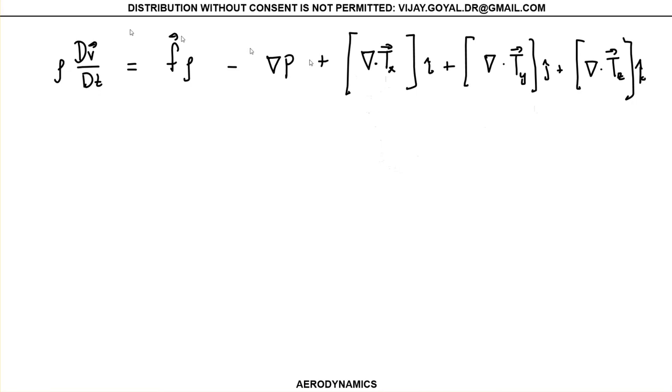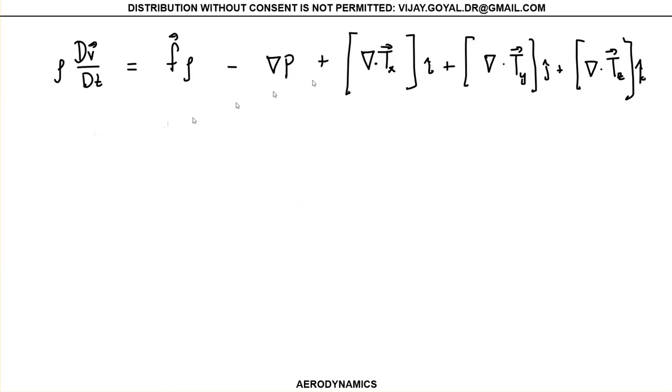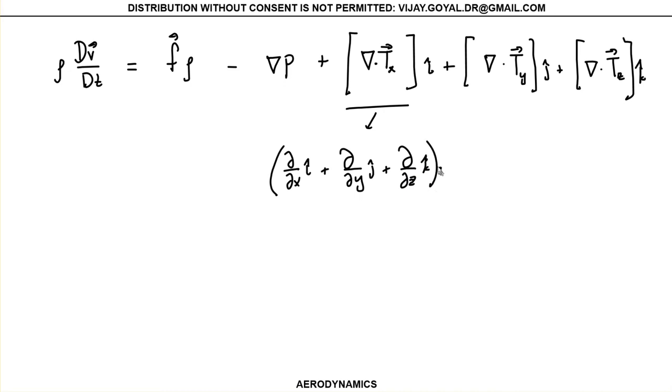Okay, remember your T's, I defined these T's at the beginning, right? So let me just expand one. Let's take this one for an example. If I take partial of x, i, plus partial of y, j, plus partial of z, k, you're taking the dot product with sigma xx i plus tau xy j plus tau xz k.